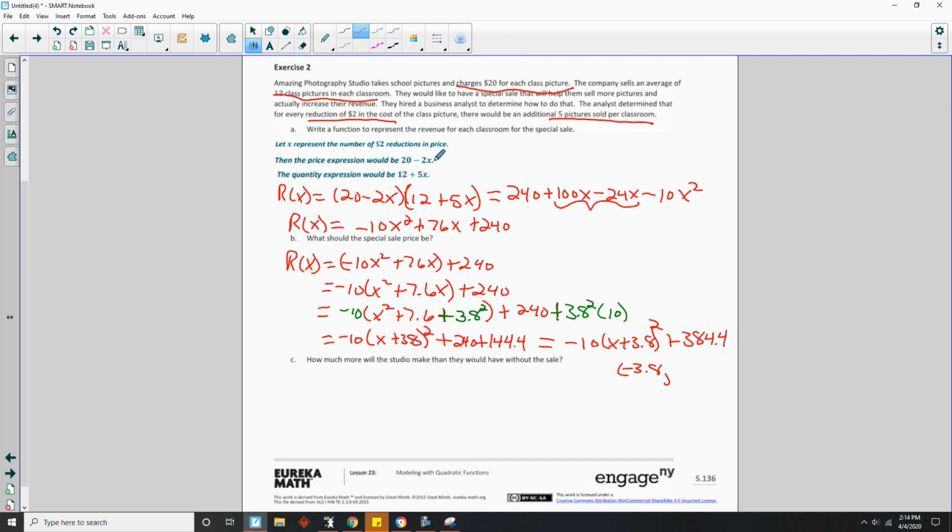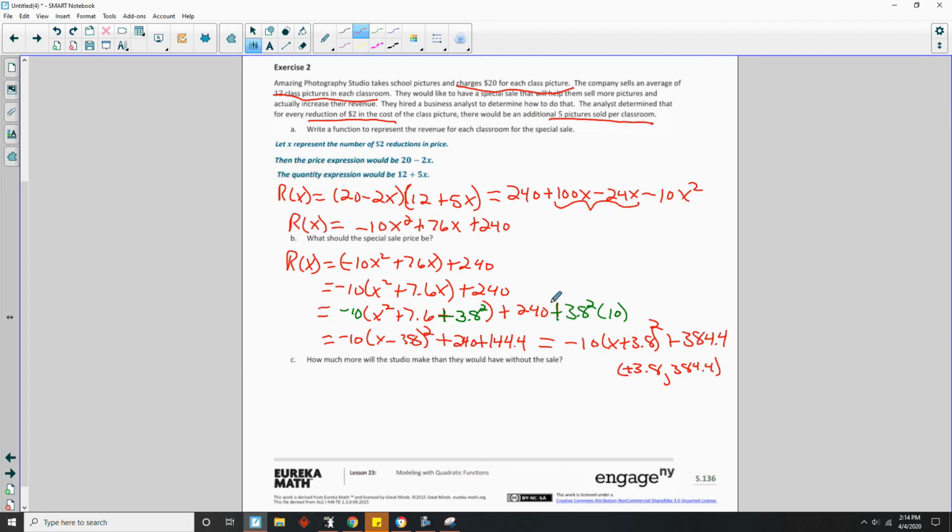Oh wait, that is minus, by the way. Right here is minus. Negative times negative is positive, so it's not negative, it's positive 3.8, comma, 384.4. There's my vertex.